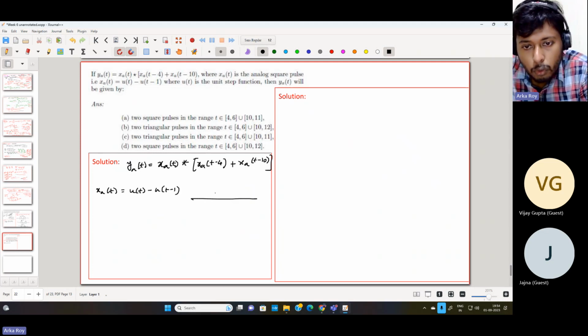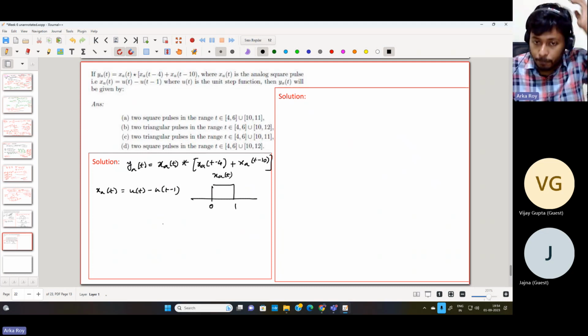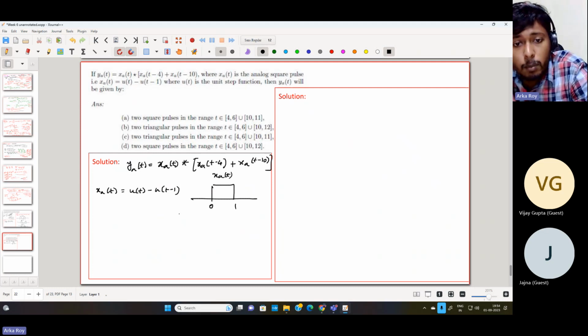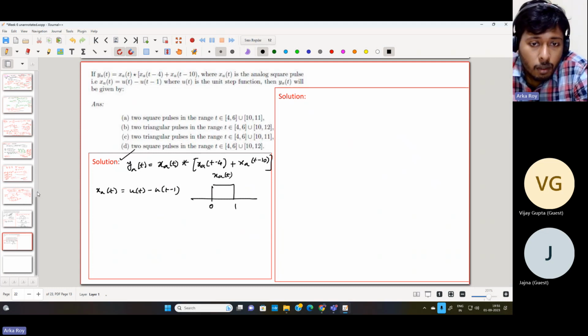So let us just draw how xa(t) looks like. So xa(t) is lying between 0 to 1, and this is a pulse.